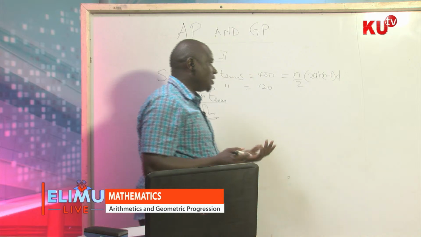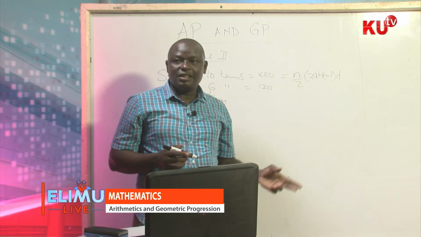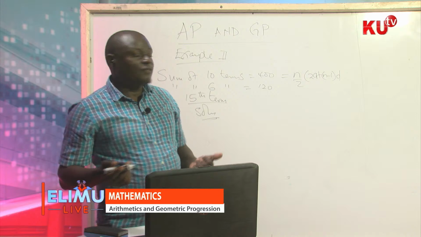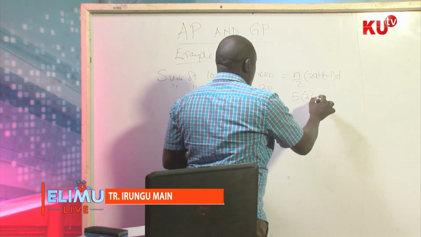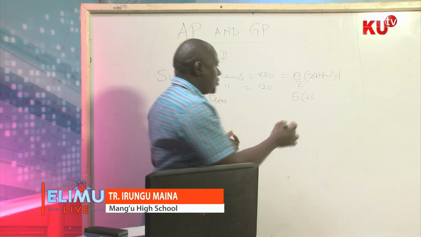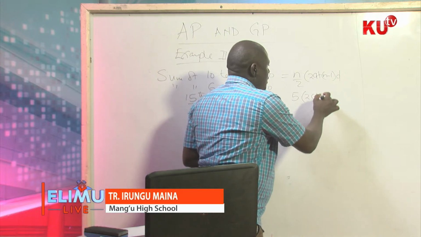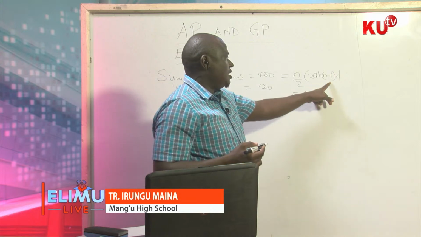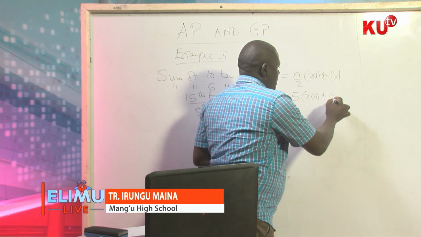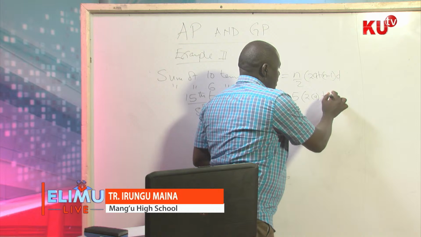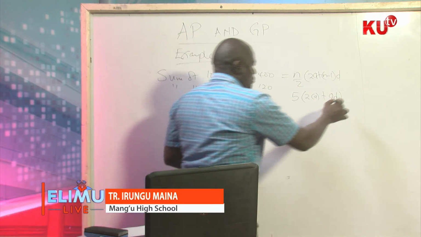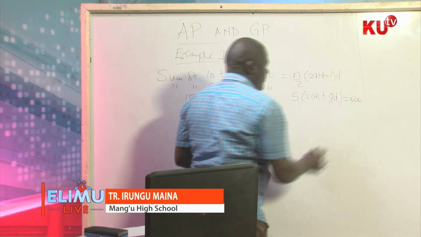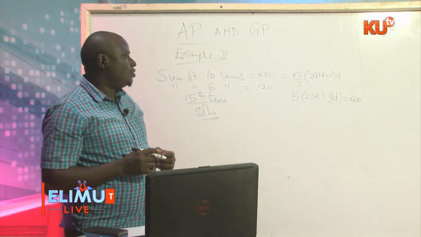That's the general formula. If our n is 10, 10 over 2 is 5 into bracket 2 into a, we do not know what a is, plus 10 minus 1, that is 9, multiplied by d. We do not know what d is. This should give us 400. That is the first equation.